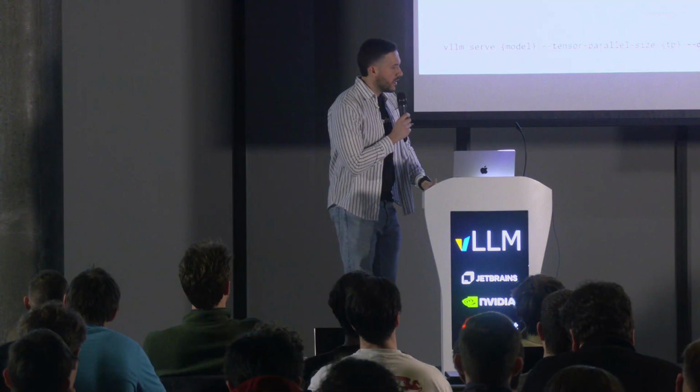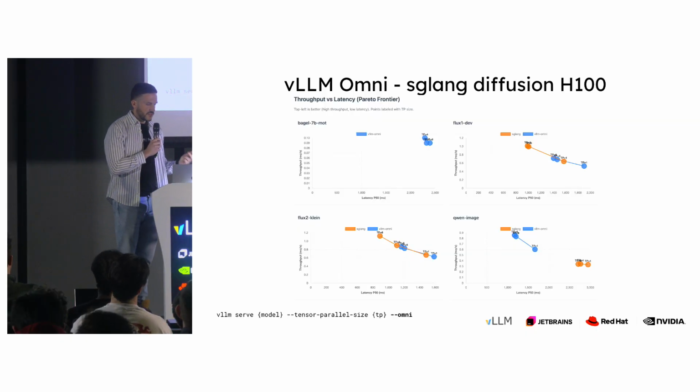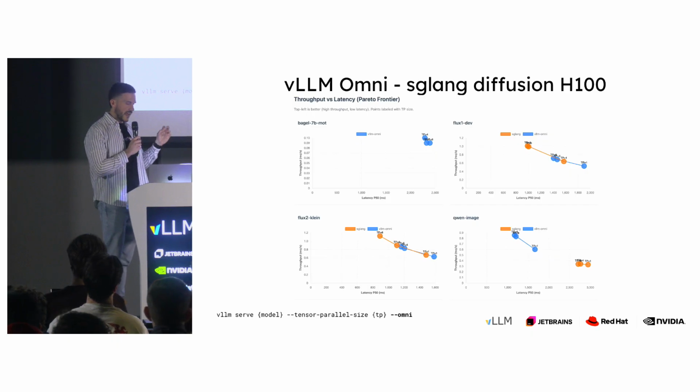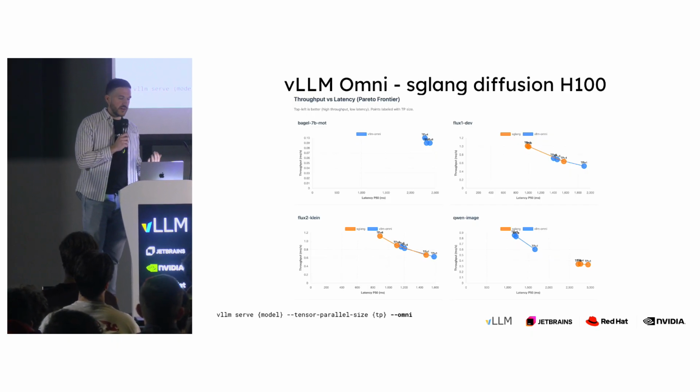This is really what you get when you just do uv pip install vLLM-Omni. Some models are obviously not supported on both, which is the case for Bagel, which I could only run on Omni. And again, there's no clear win here.